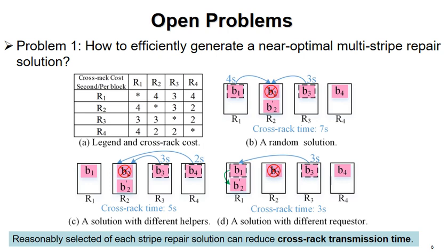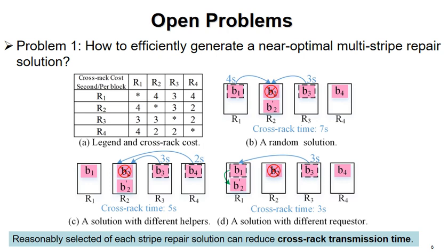Figure A shows cross-rack links, and Figures B, C, D show three repair solutions with different cross-rack transmission times. Specifically, the solution in Figure B randomly retrieves two helper blocks from R1 and R3 and stores the repaired block in R2. It needs 7 seconds for the cross-rack transmission.